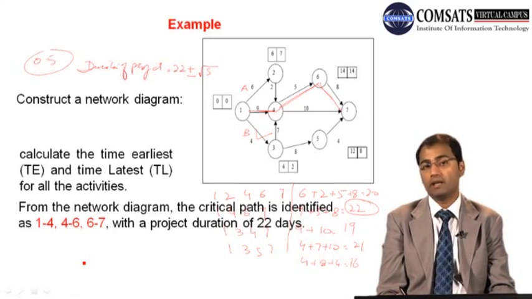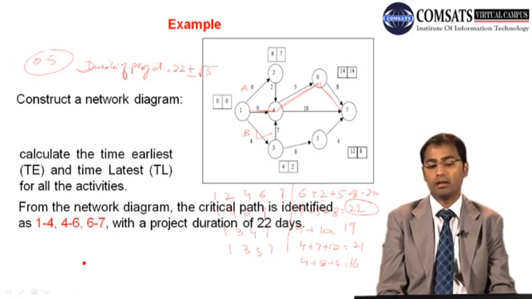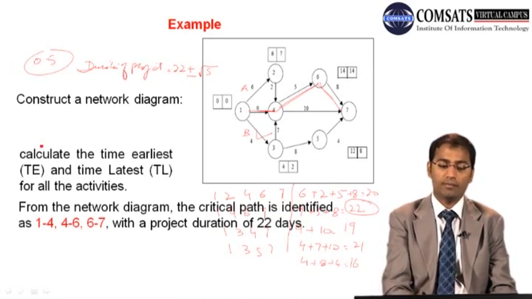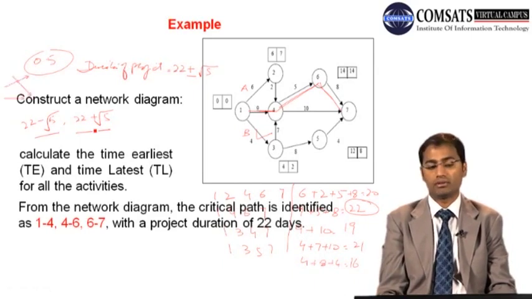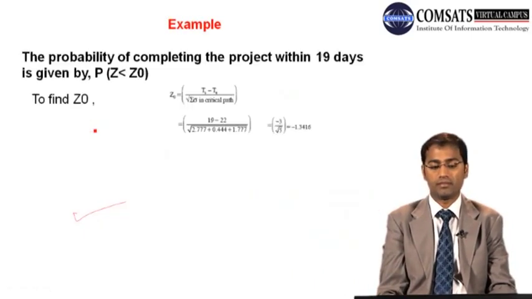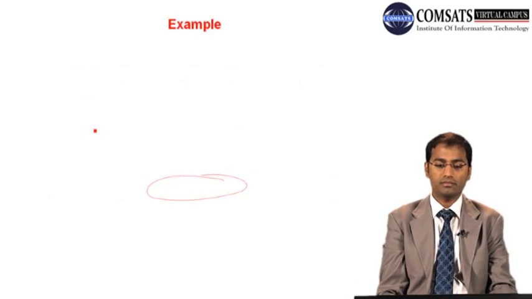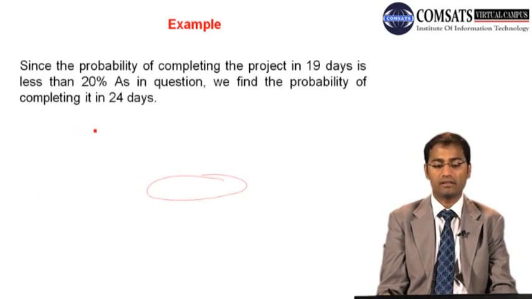So that would be the probable range, that may be 22 minus or 22 plus that value. So that is the range of your project duration. So we have completed this thing.